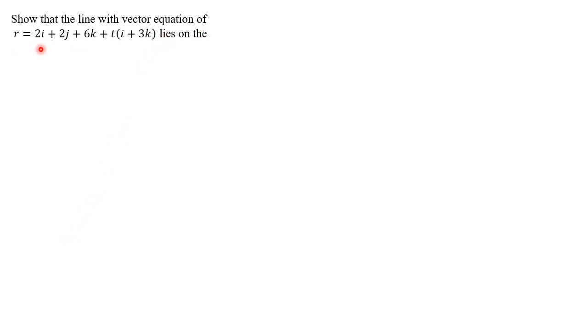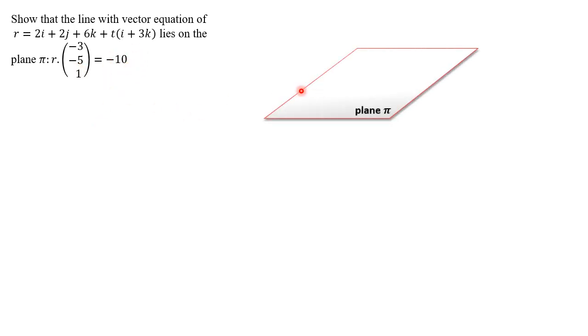Alright, so now for this one, they are saying show that the line with the vector equation r equals 2i plus 2j plus 6k, which is our fixed point, plus t times the direction i plus 3k, lies on the plane pi: r dot the normal vector minus 3, minus 5, 1 equals minus 10. So you can see this is our plane, and this is our line which lies on the plane.